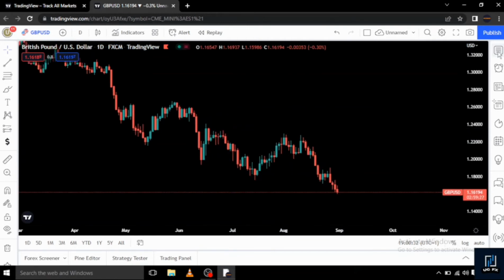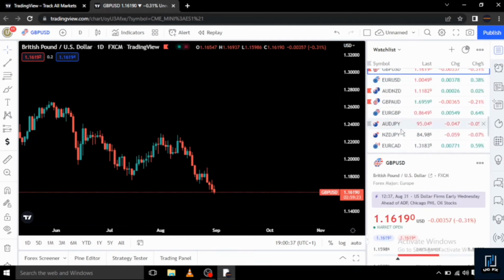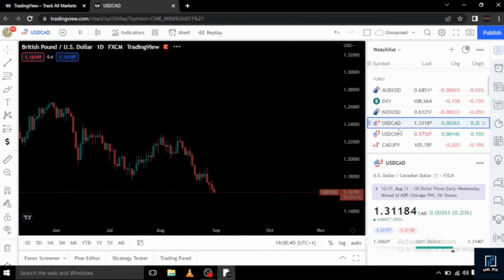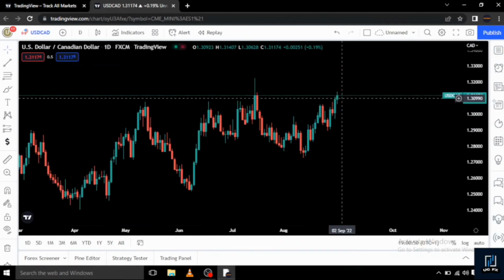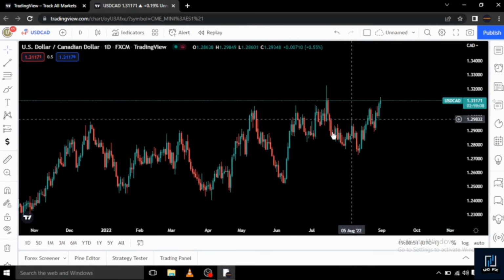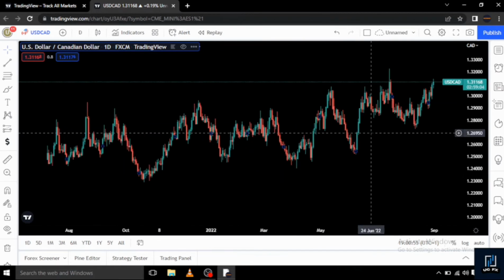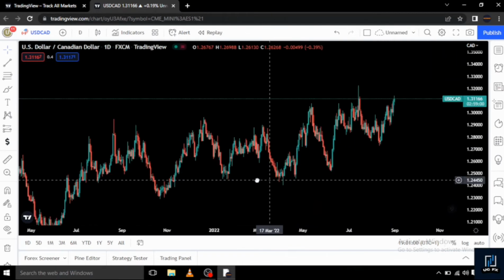Let's check out the USD CHF and the USD CAD. So here you have the USD CAD. Here the USD CAD has been bullish as well, kind of ranging though, but it has been moving, making higher highs and higher lows.